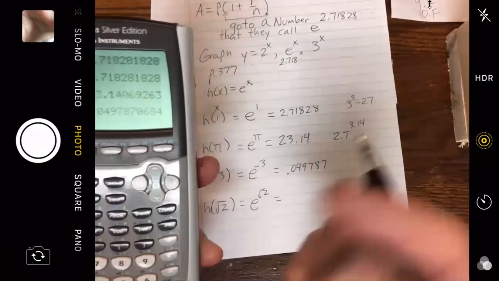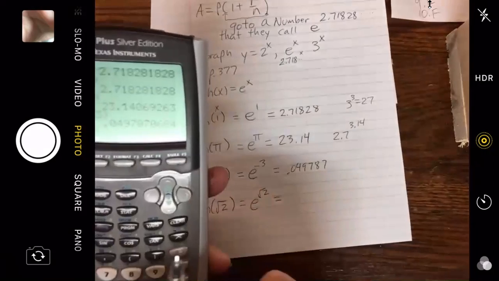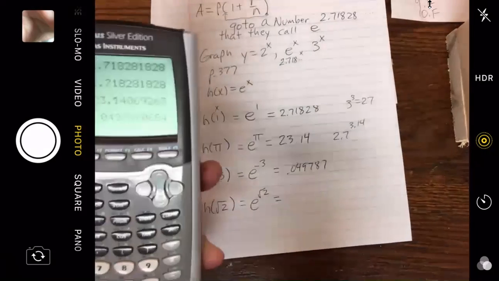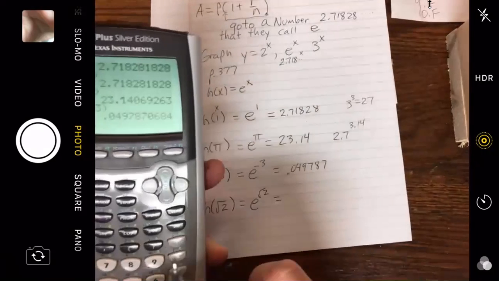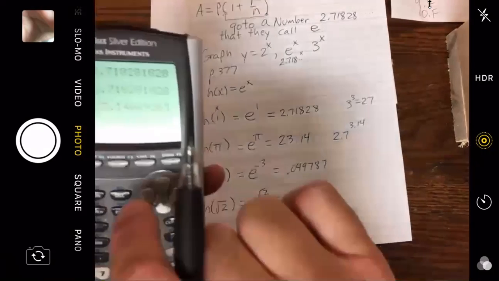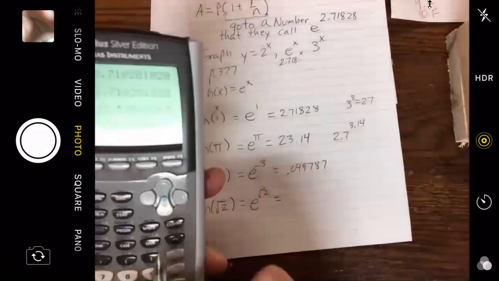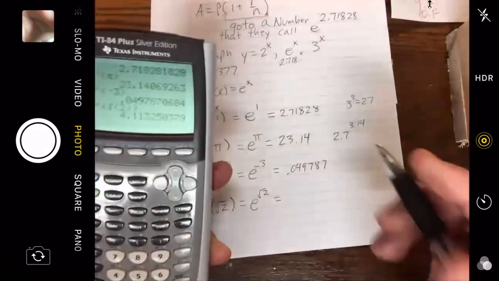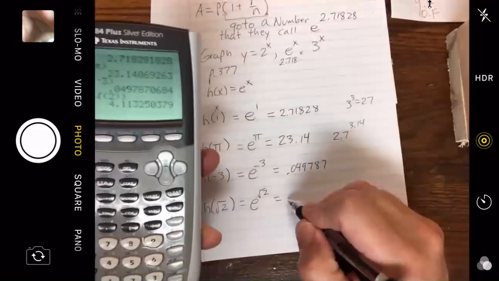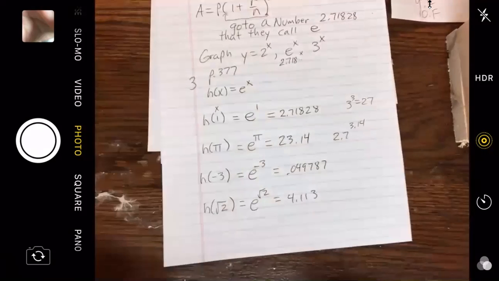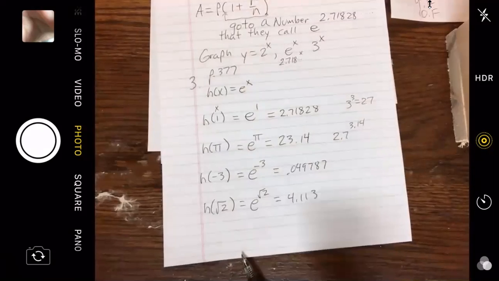It's all about calculator punching. Pretty much this whole chapter, with the exception of the logs. There's some algebra in that. It was e to the square root of 2, my fault. Square root of 2. 4.113. But a lot of the chapter is a lot of calculator punching.